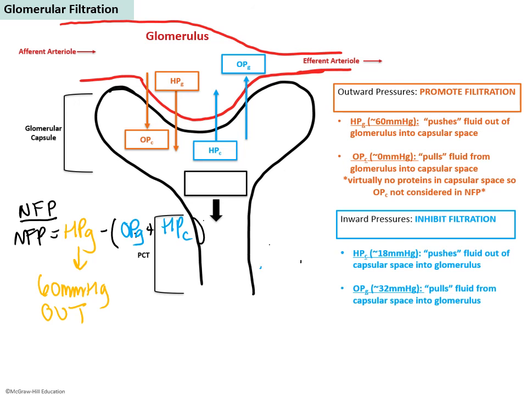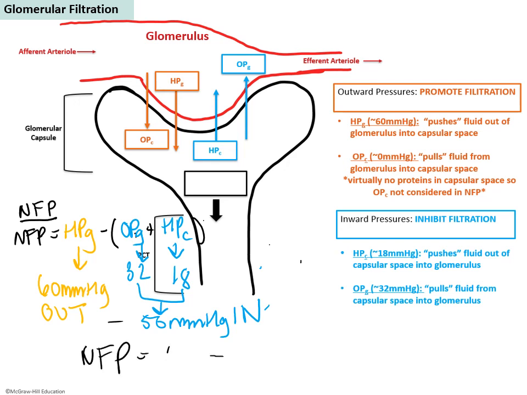And then we are having, let me fill these out individually, you guys don't need to know these numbers, but total we are having about 50 millimeters of mercury that is pushing fluid into the glomerulus and out of the capsular space. So overall, this is going to give us 60 minus 50, which gives us a net filtration pressure of positive, I'm going to write this in orange, 10 millimeters of mercury out.